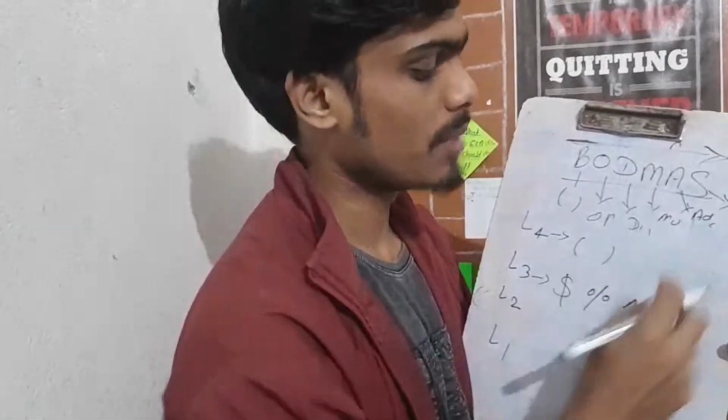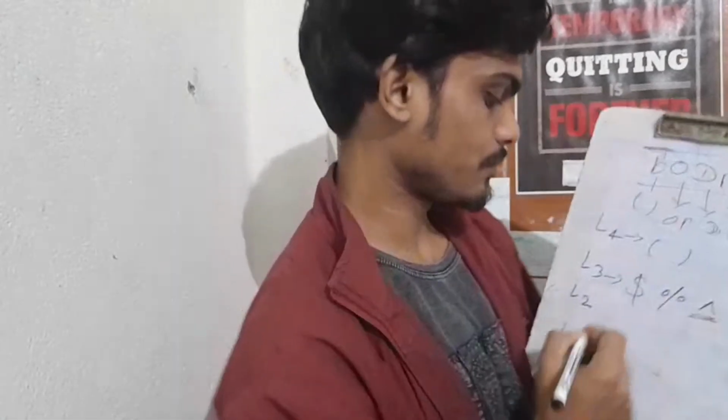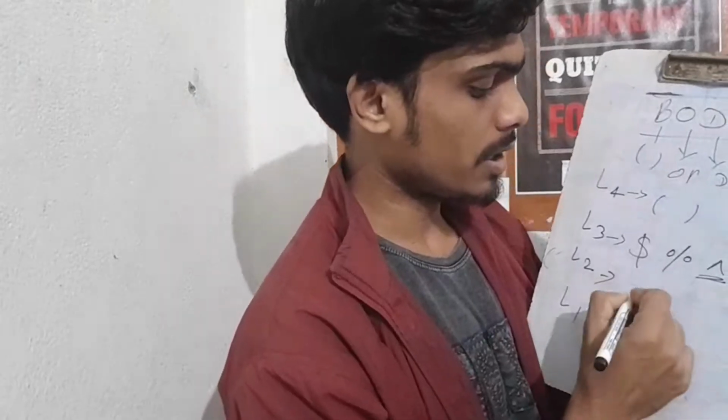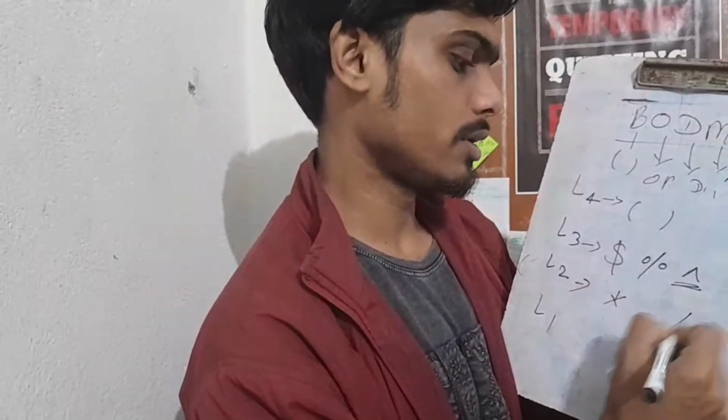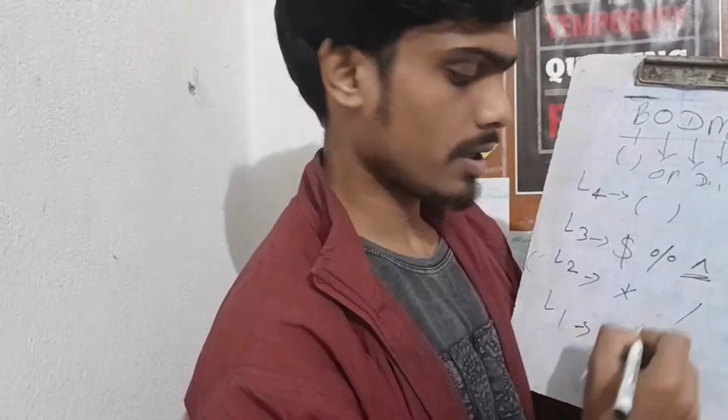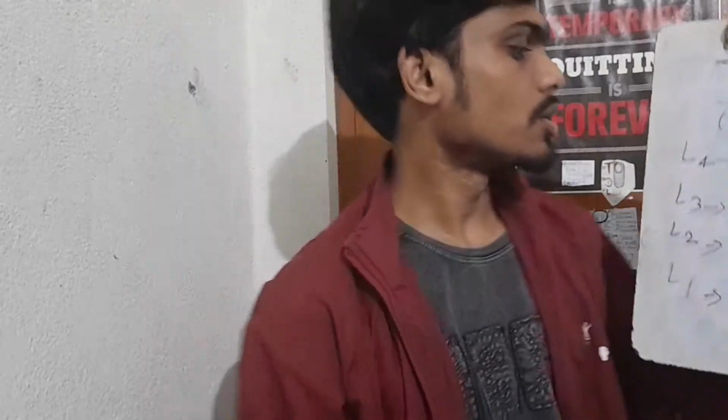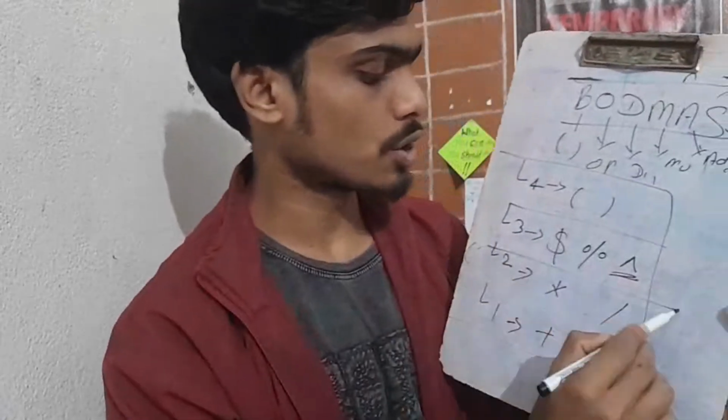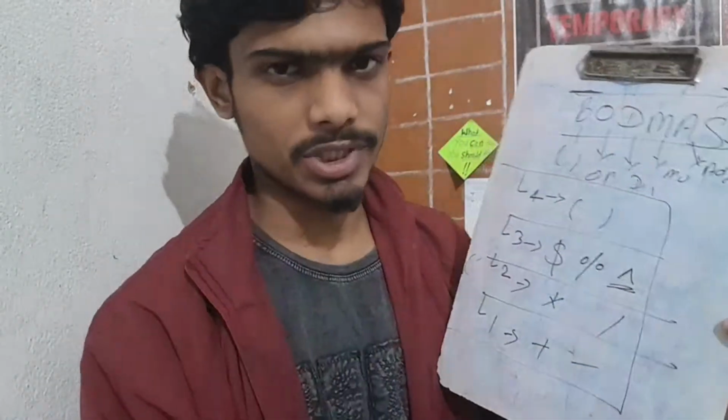When we have to give the power of any number, we use this sign. L2 has multiplication and division, L1 has plus and minus. So this is the priority list for Polish notation we use for solving bigger expressions.